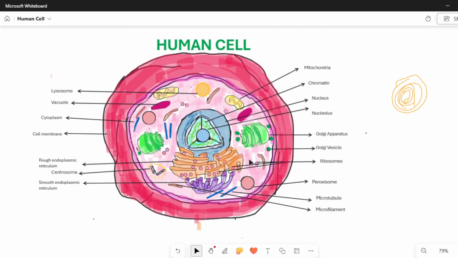So this entire space is filled with what is called cytosol, that is, cytoplasm, a semi-fluid liquid. I told you, it is filled with some water. That semi-fluid liquid is the cytosol; the entire space along with its organelles is called cytoplasm.